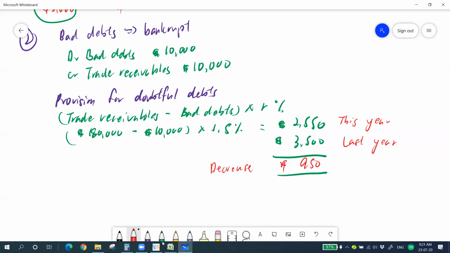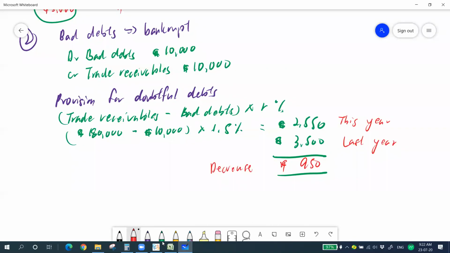Class, can you tell me if we have a decrease in the provision for doubtful debts, is this an income for the company or an expense for the company? What is the nature? What is the nature for this? So Vanessa's answer is income.